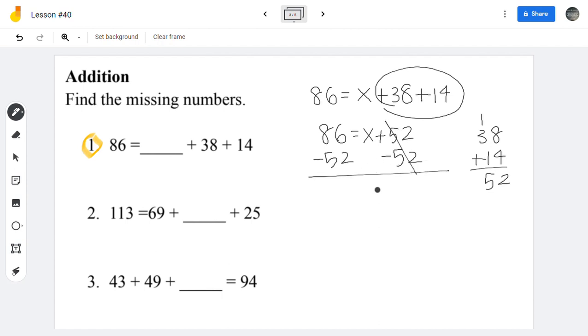And you're going to be left with only x on the right side and 86 minus 52, which you're going to subtract, and you'll get 34. So your missing number should be 34. And what this means in your final answer is that 34 plus 38 plus 14 equals 86.